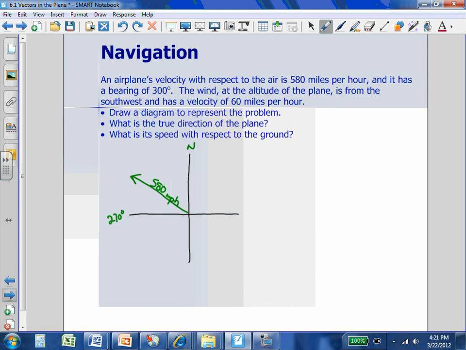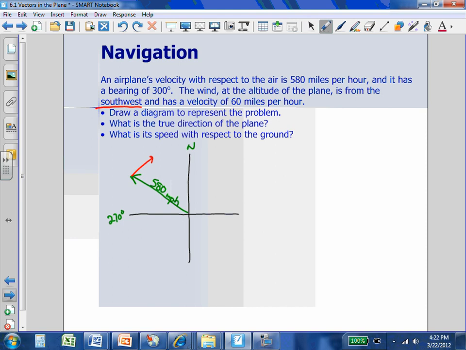And now the wind. The wind is from the southwest. So if it is from the southwest, that means it's pushing something towards the northeast. Well, that doesn't make much sense to have it there, but I'm going to take this little vector that I have, and I'm going to add it onto the plane's vector, because it's having an effect on the final destination of that plane.